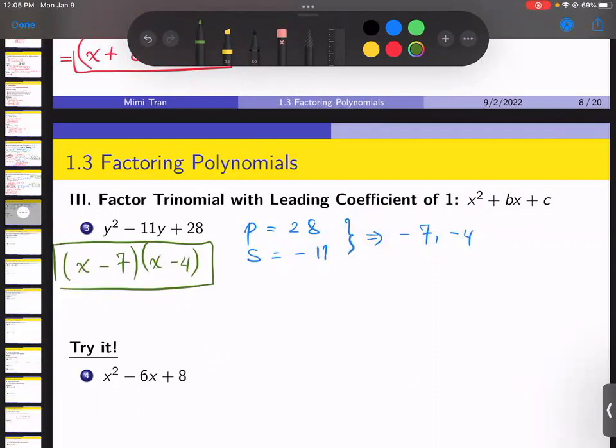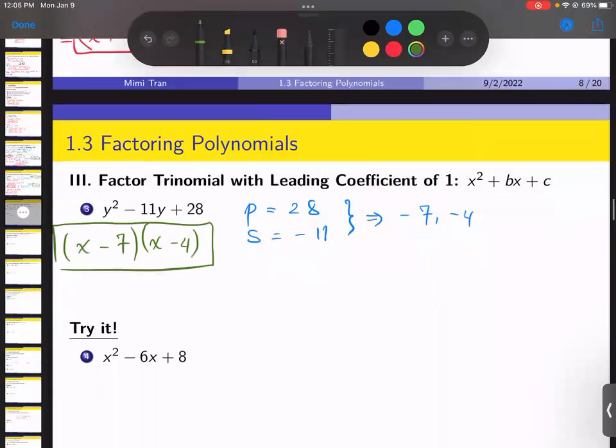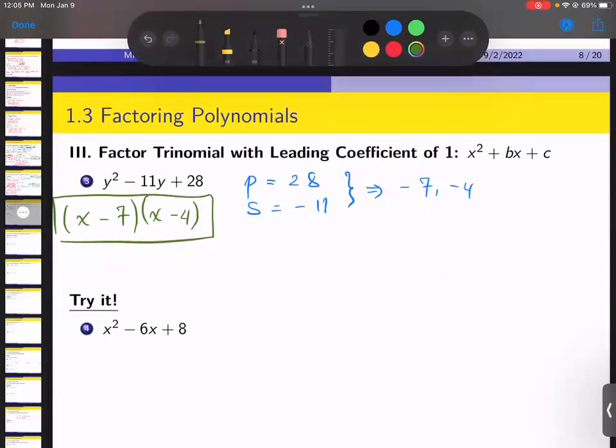Oh, you use the AC method. Why don't you guys try this one? You watch this at home, you can fast forward the waiting part.